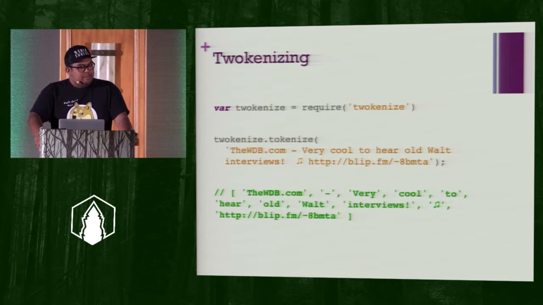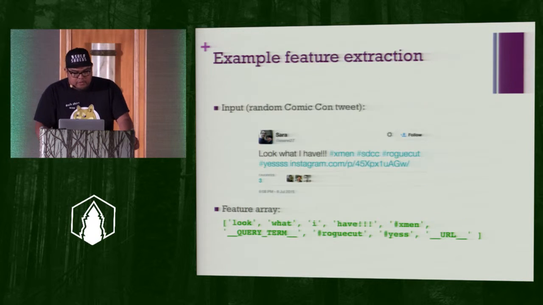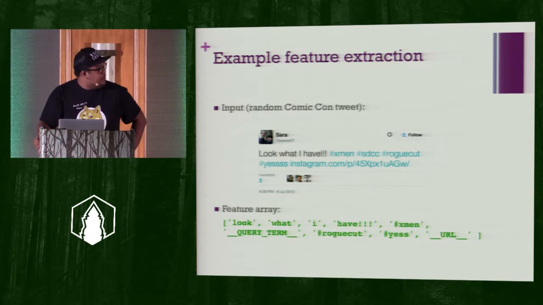Tokenize works very similar to Natural's word tokenizer. You feed it in a sentence or a tweet, and it'll return different tokens. As you can see, it maintains a lot of punctuation in it, and it keeps the URL intact, and there's a little music symbol, for example. So this is very helpful for tweets. So putting it all together, here's a random tweet that I found about Comic-Con.